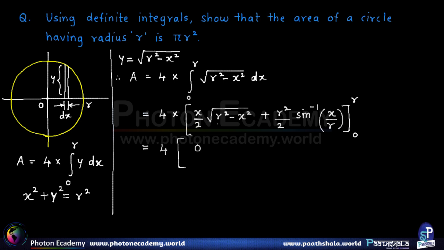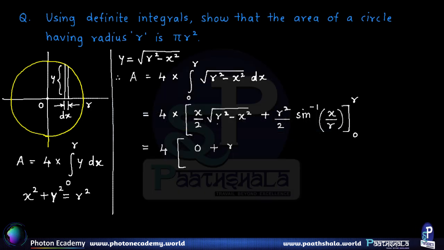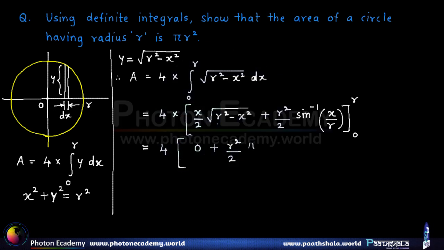Now the second term is r square upon 2, which remains as it is, into sine inverse of x upon r. When you put x as r, we get r upon r as 1. Sine inverse of 1 is nothing but pi by 2, which is 90 degrees. So this is the expression that we get after putting the upper limit.